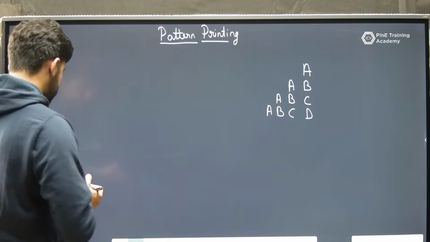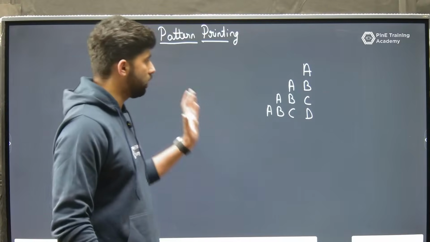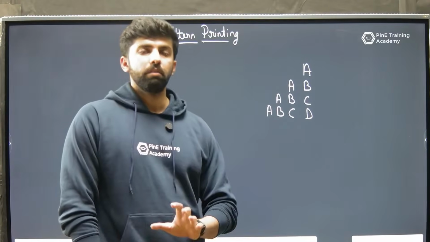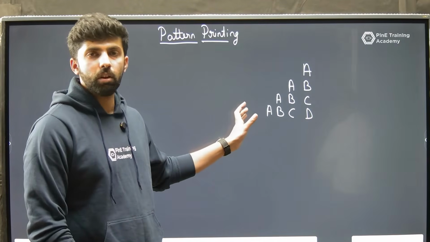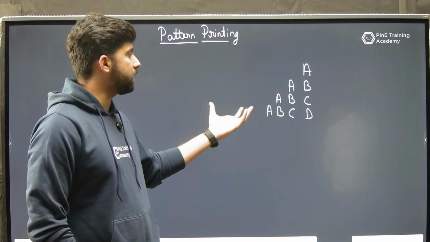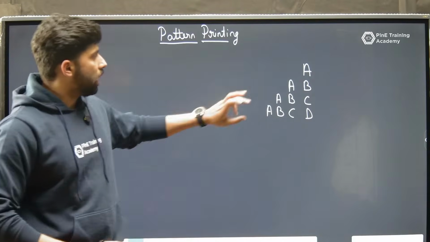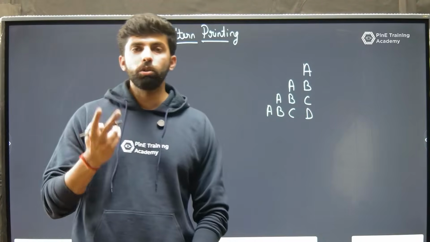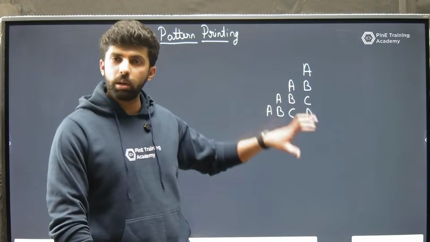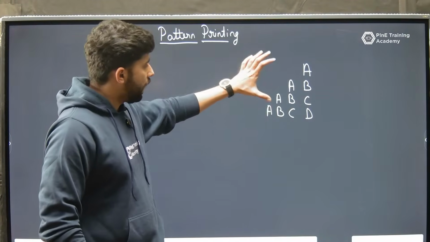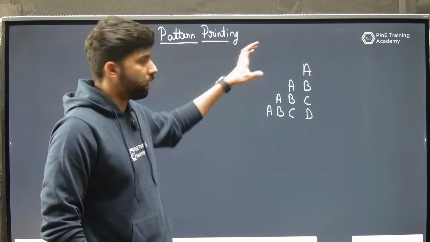Okay, this pattern is very different from what we did in the first two patterns. Why? Because it has a separate element. It has a completely separate element here. Earlier we were doing two things, number of rows and number of columns, but here we have one more element which we need to take care of.